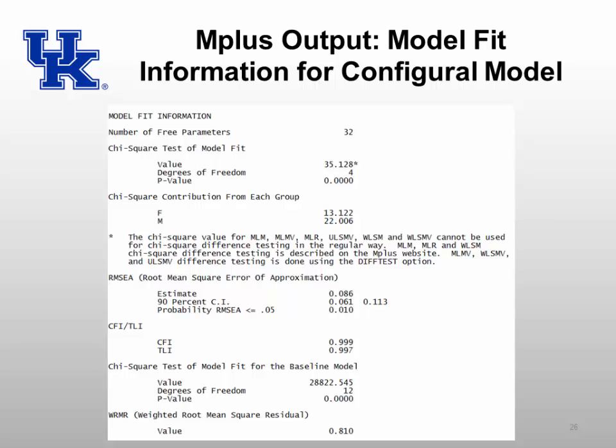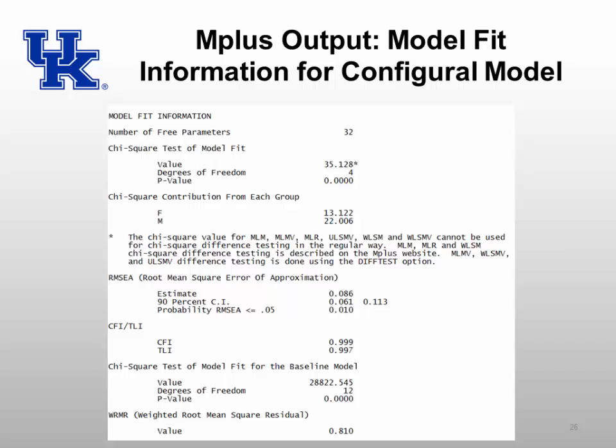Then we look at the RMSEA. If we compare it with the 0.05 criterion, it does not fit the data as well based on RMSEA. And if we look at CFI and TLI, using the criterion of 0.95, the model-data fit is good, acceptable.